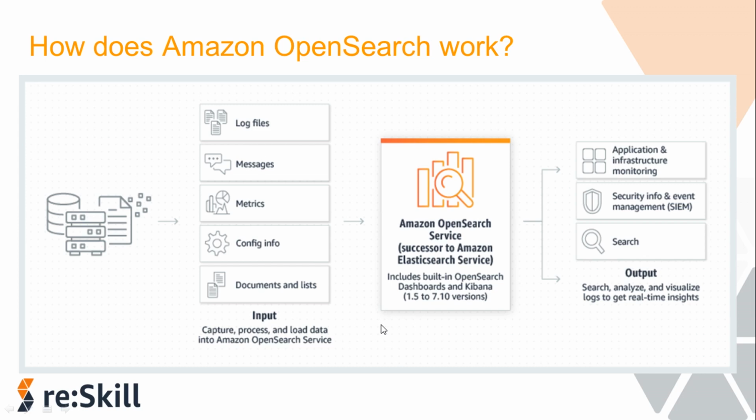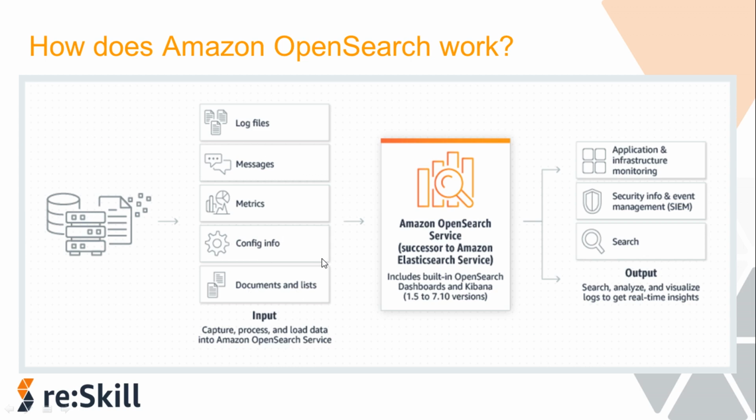So we generally use Kibana, which is now named the OpenSearch Dashboards, a visualization tool, with OpenSearch to visualize the data and build interactive dashboards. For this, I will also show you in the console how to set this up. And as shown here, you can see we collect various types of data such as log files, metrics, messages, documents, and lists in terms of JSON files from our running services.